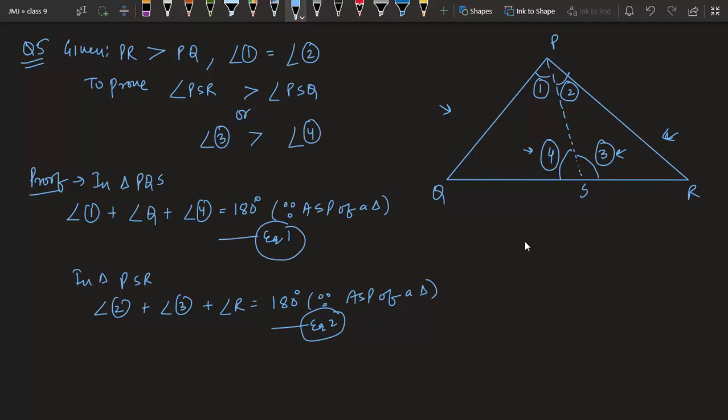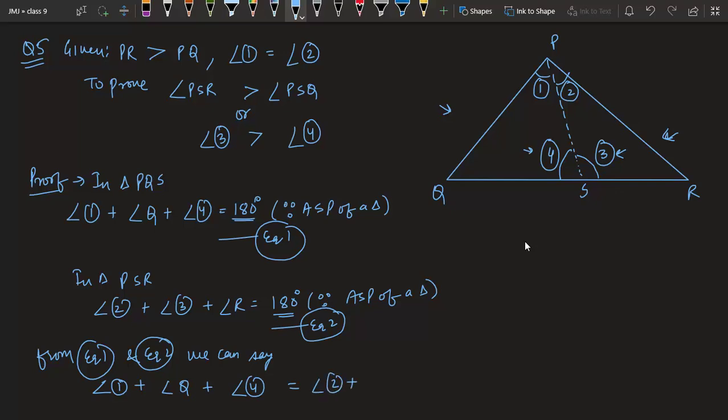You have the right sides of both equations equal, so you can equate the left sides. From equation 1 and equation 2, we can write angle 1 plus angle Q plus angle 4 is equal to angle 2 plus angle 3 plus angle R.